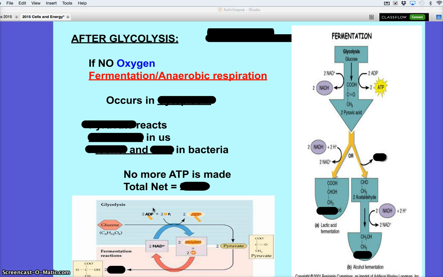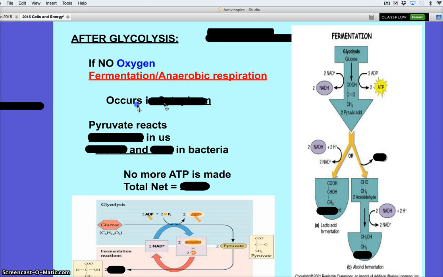Tell me the products of glycolysis. NADH, 4 ATP with a net yield of 2. That's what starts it. No. What does glucose split into? Pyruvates. So we're going to start with a pyruvate. Where are we, by the way? What part of the cell? Cytoplasm. We never made it to the mitochondria because oxygen is not floating around.